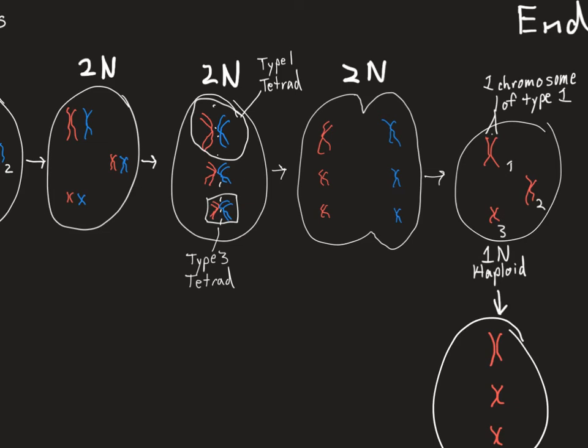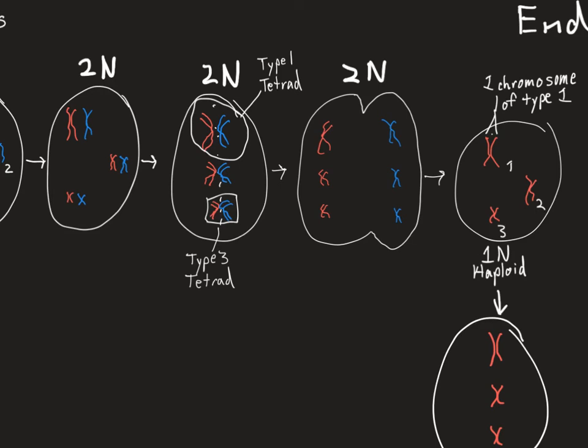You could also say that it's the homologs lining up across from each other at the metaphase plate. You could say that the tetrad splits during anaphase, or you could say that the homologous pair splits at anaphase. Either way is correct. Actually, you should remember both of those in case I ask it in either of those ways on an exam.